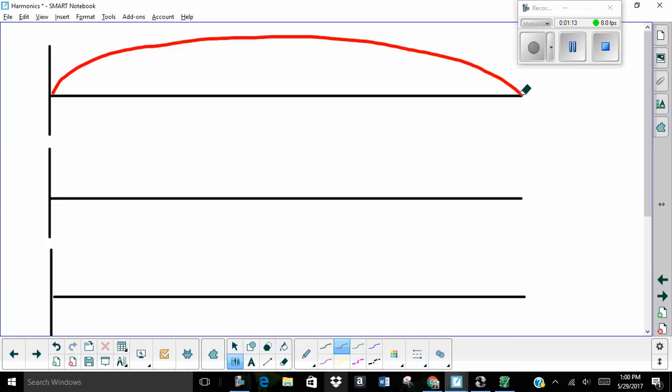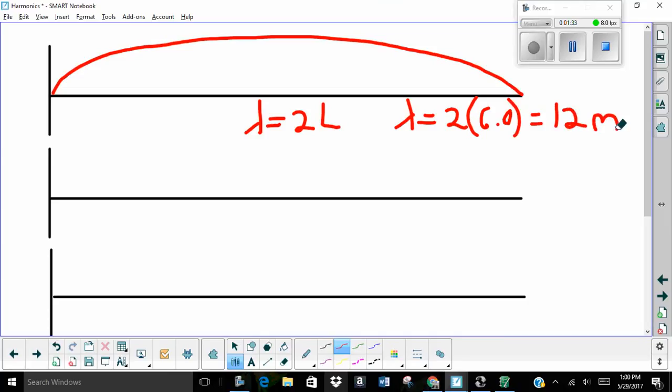And so we can see here that the wavelength is going to be 2 times the length of the string. So the wavelength is going to be 2 times 6.0, so it's going to be 12 meters long.